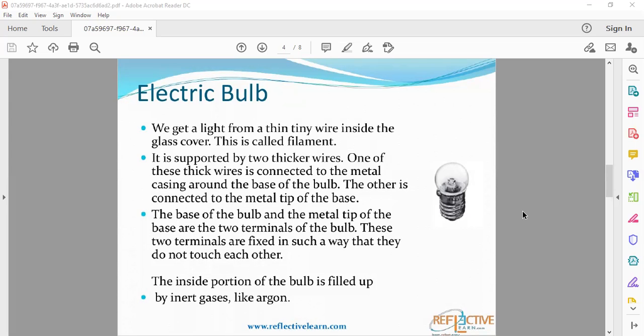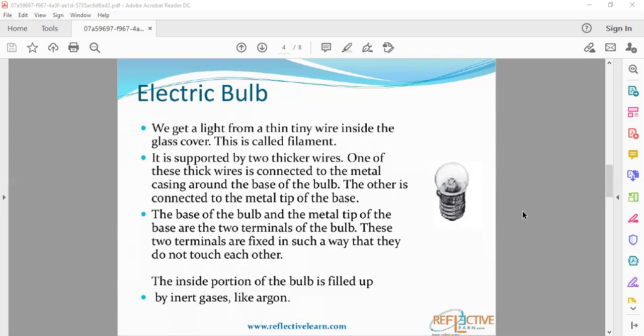In the electric bulb, we get light from a tiny thin wire which is present inside the bulb, and that tiny thin wire is known as the filament, and it is supported by two thick wires. One of the thick wires is connected to the metal case around the base of the bulb, and the other is connected to the metal tip of the base.